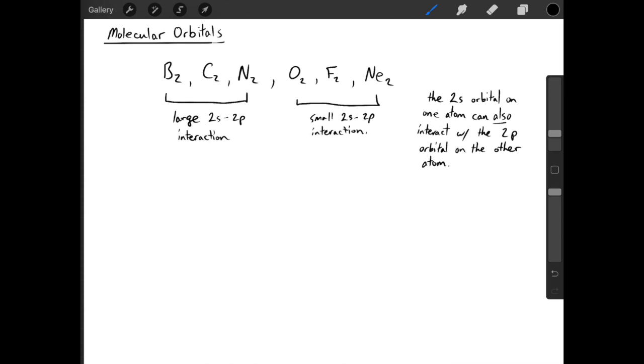So I'm going to draw the molecular orbital diagrams that are going to be representative for a large interaction and a small interaction. So I've drawn the 1s, the 2s, and the 2p orbitals for each of the atoms, and now I'll draw the molecular orbitals that result.